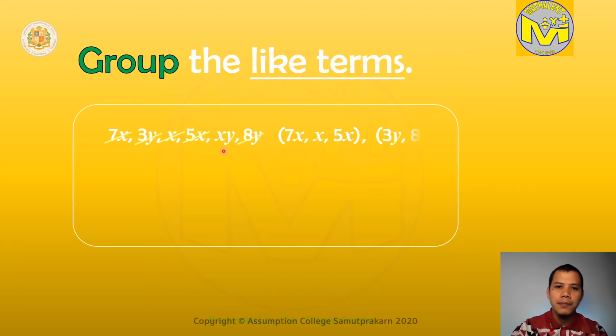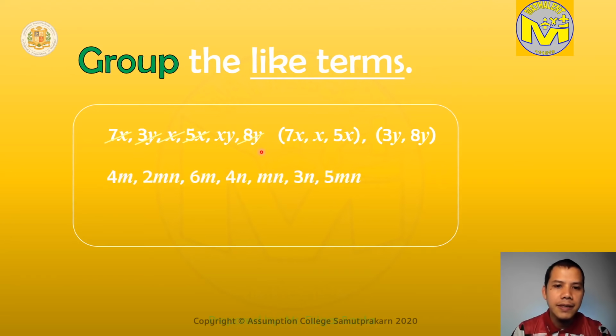So look at that. We have 7x, x, 5x, and 3y and 8y. We have only 2 groups. The xy is just one, so we cannot call it a group. In a group, there must be at least two members or elements.